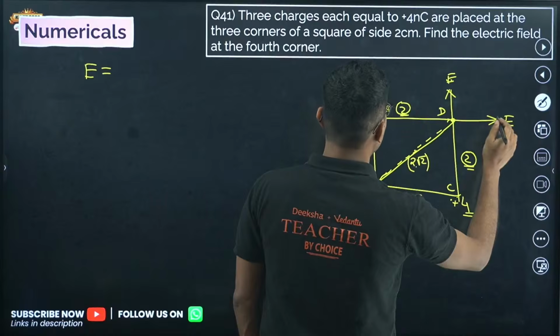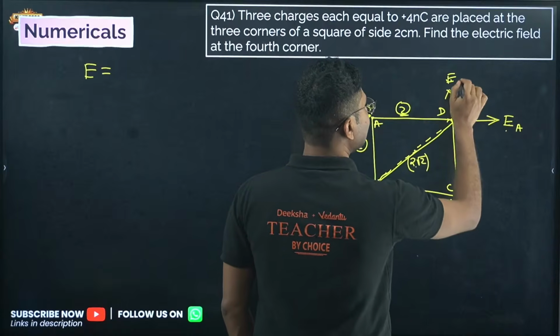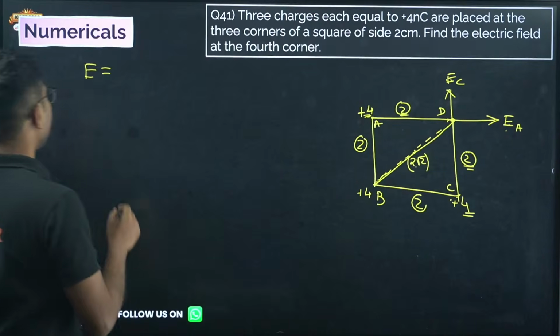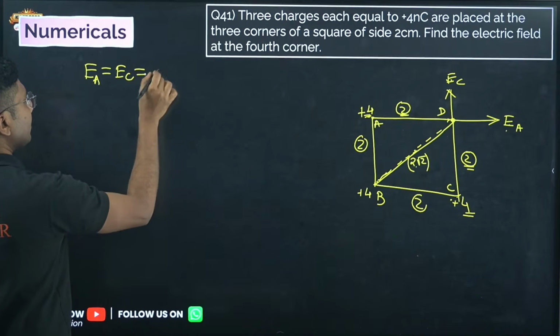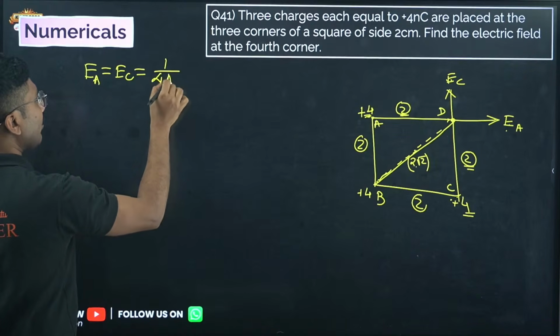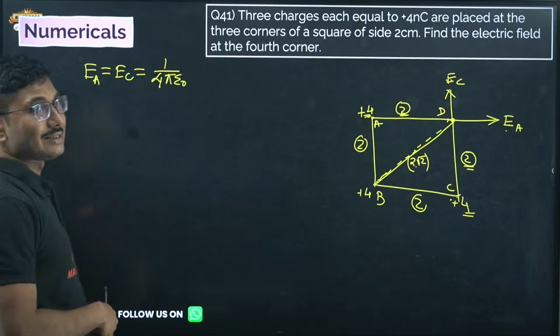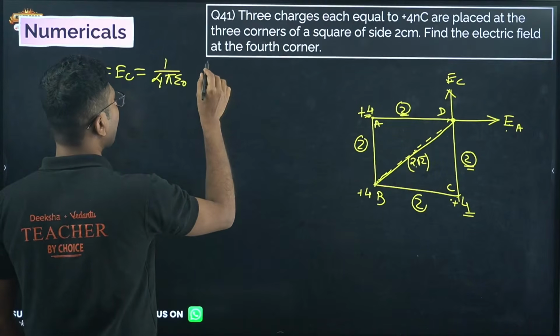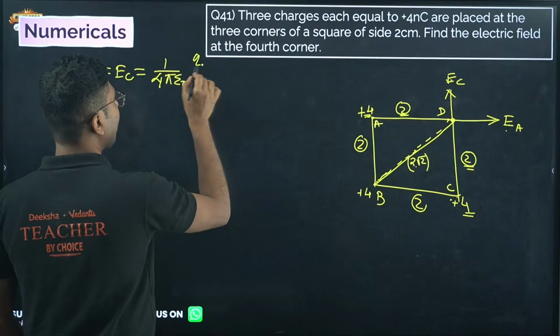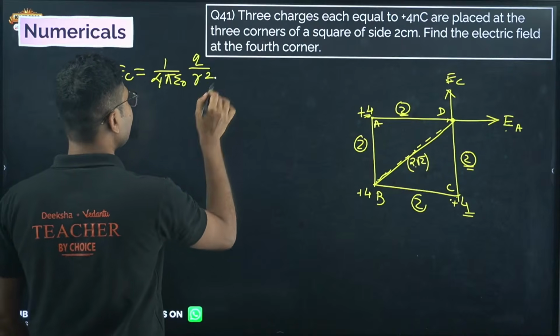This is EA, this is EC. So in the first line you write EA equals to EC equals to 1 by 4 pi. They are magnitude wise same, direction wise they are not same. That is the main issue. 1 by 4 pi epsilon naught Q upon R square, that is the formula.